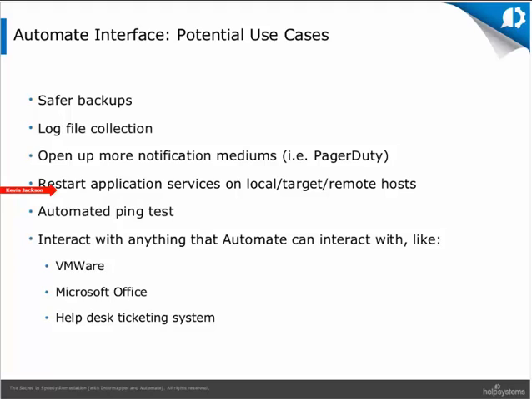So if an event occurs on that device, Intermapper will pick that up, it'll alarm, it'll put this device in some type of a state or status, and based on that, you can send an execution or task to Automate. Automate will be able to restart the service, and Intermapper will see that restart and address the actual status of the device on the map.